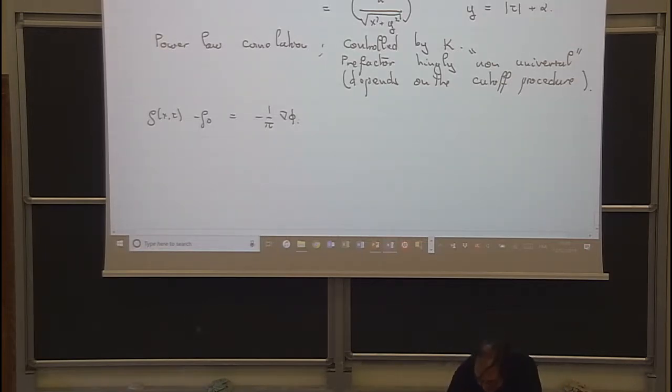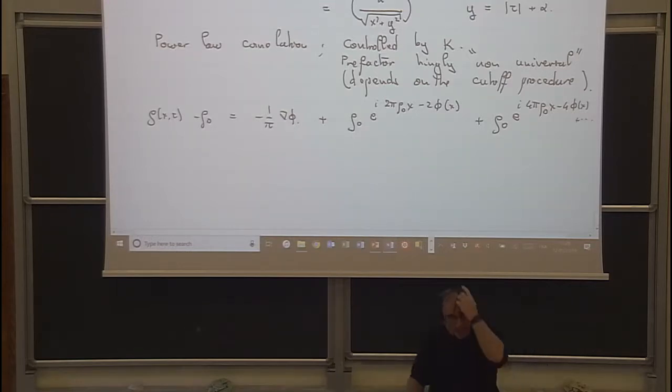I will get first rho 0 exponential of i 2 pi rho 0 x minus 2 phi of x. Then I would get another term which is rho 0 exponential of i 4 pi rho 0 x minus 4 phi of x. And then I can continue. And of course, I get the minus sign and whatever.